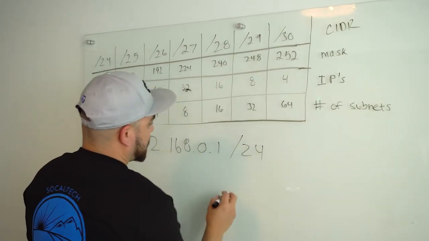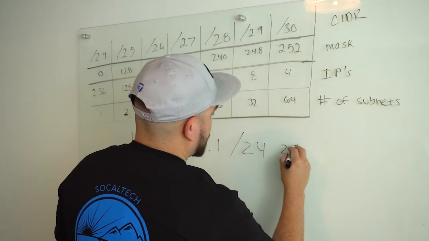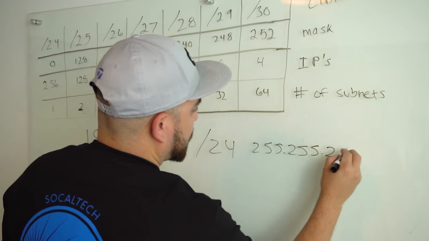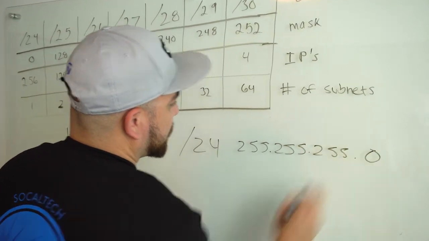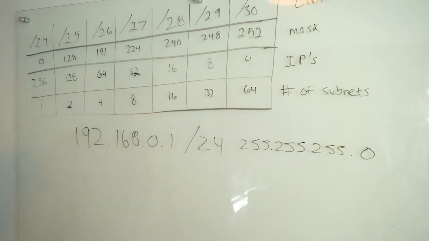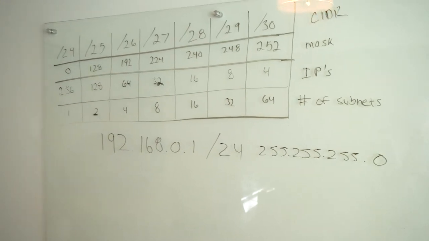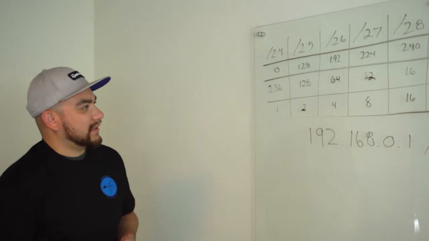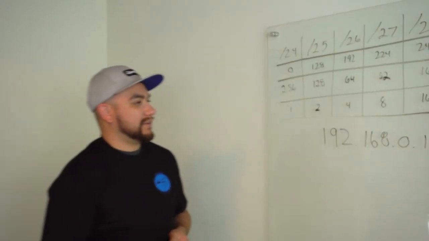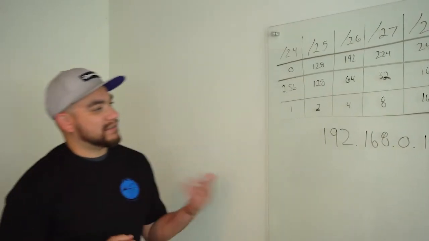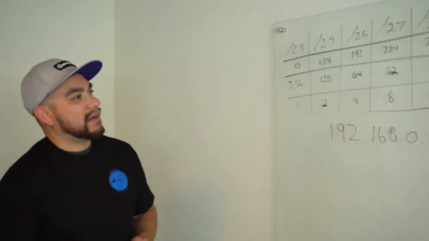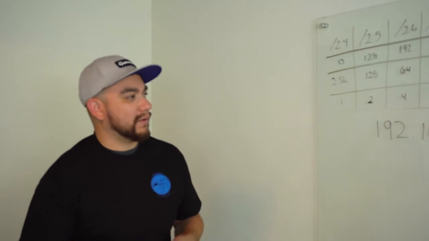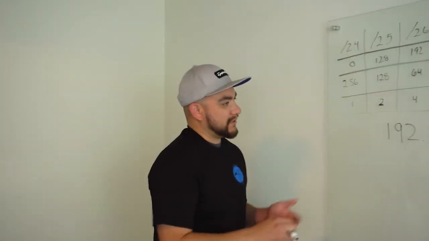This /24 can also represent 255.255.255.0. Now, on the CCNA, or in the networking world, you're going to have to know how many IP addresses are within the /24 subnet, how many usable hosts there are, and how many subnets there are within this particular range.